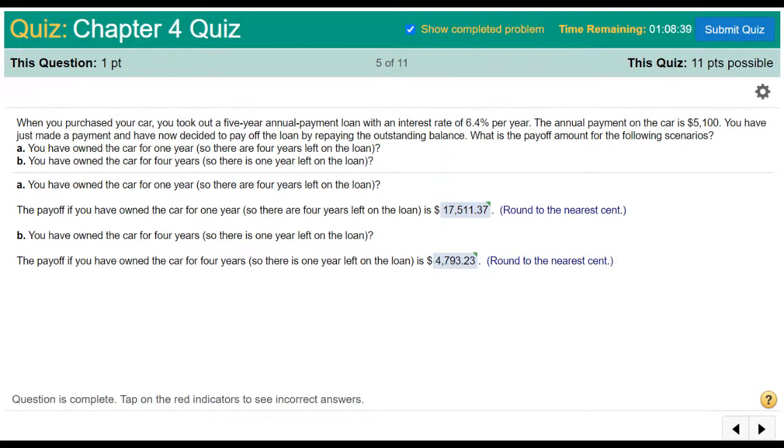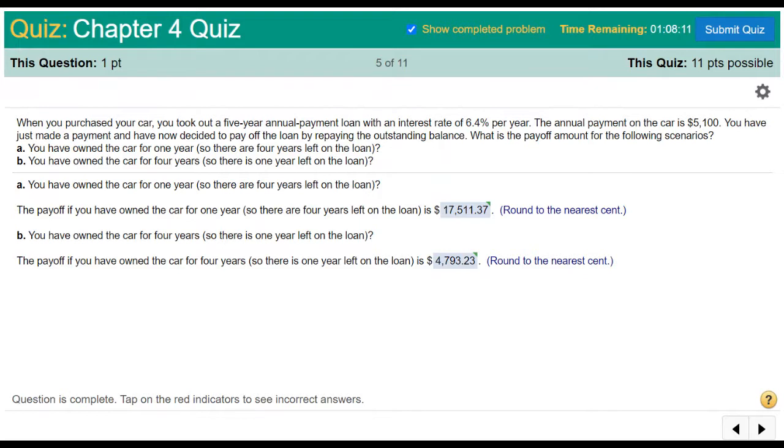When you buy a car, for instance, you went into the dealership, you bought a car, and they gave you a 5-year loan. After 1 year, you decided that you did not like the car, and you want a payoff amount.